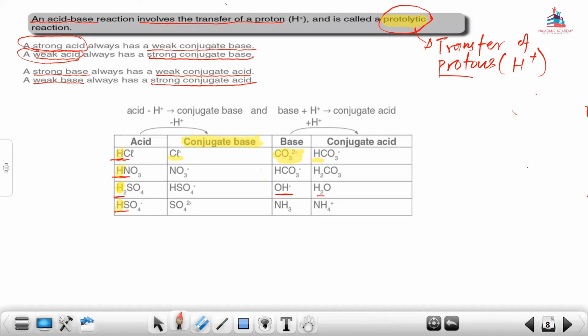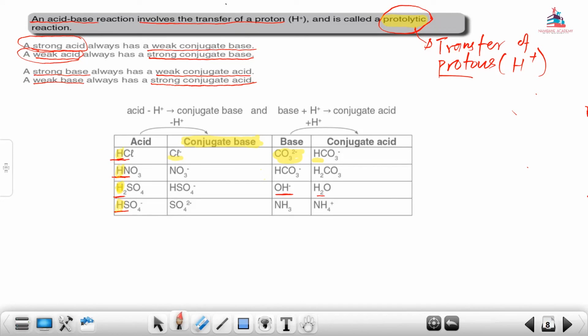Let's look at HCl. Because I am donating a proton, which is a plus, I'm going to be left with Cl minus. And the key here, like I said, is protolytic. The H plus, the Cl minus, and HCO3 minus are very, very important to have.